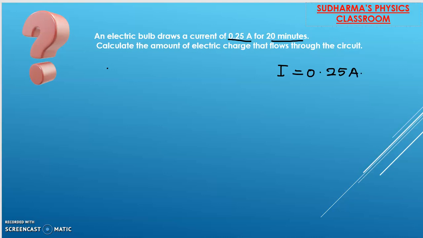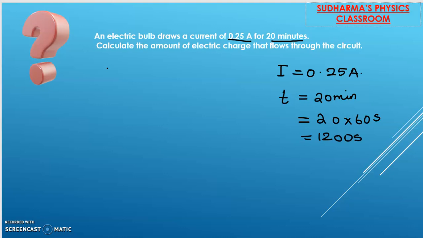And how long has it been used? For 20 minutes. t is equal to 20 minutes. Minute is not the SI unit, so we have to convert it into seconds. So 20 into 60 seconds, that means 1200 seconds. So everything is in SI unit.